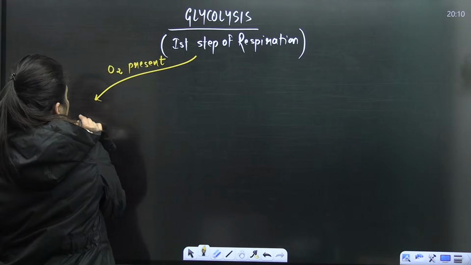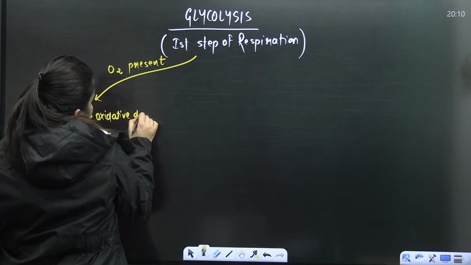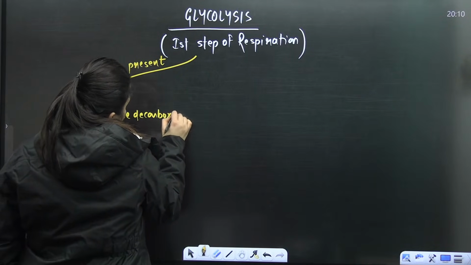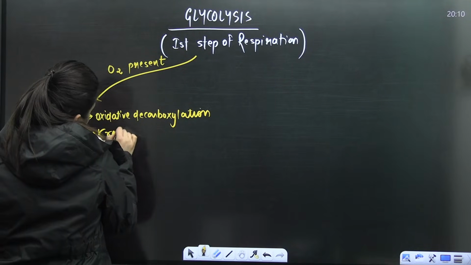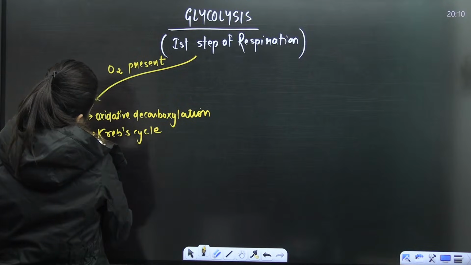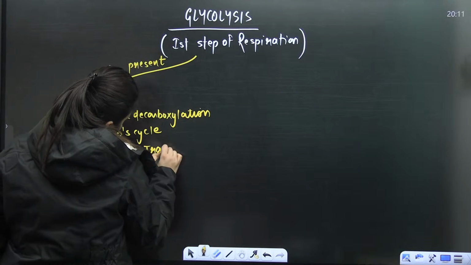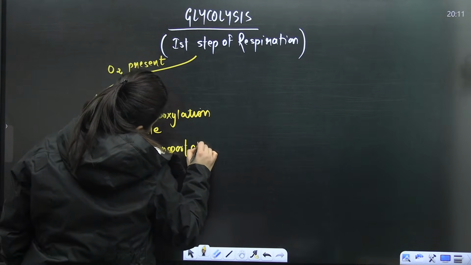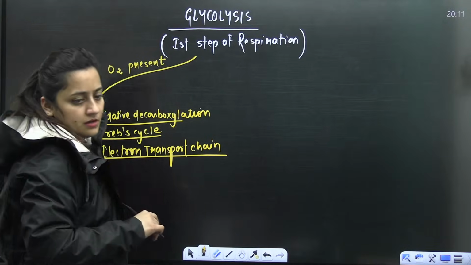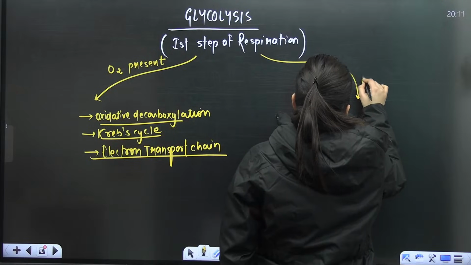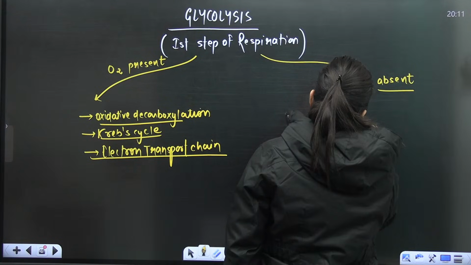So if oxygen is present, then what will happen? It will go for oxidative decarboxylation. These are the steps that we have to study. And then finally, if oxygen is absent, then fermentation will occur.